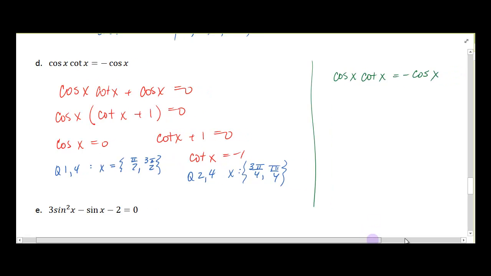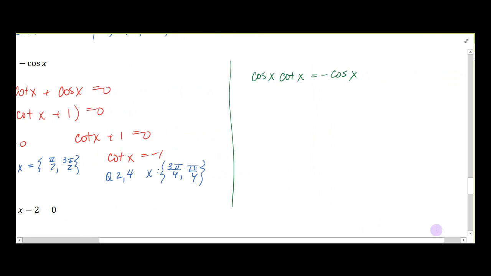If I have cosine x cotangent x equals negative cosine x, how many of you, and be honest with yourself, would have divided both sides by cosine of x? If I divide by cosine, that gets rid of this cosine x over here, but it leaves me with cotangent of x equals negative 1.